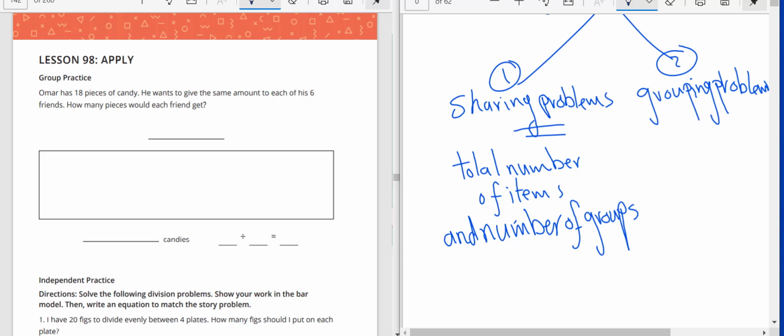And we want to know the number of items in each group.